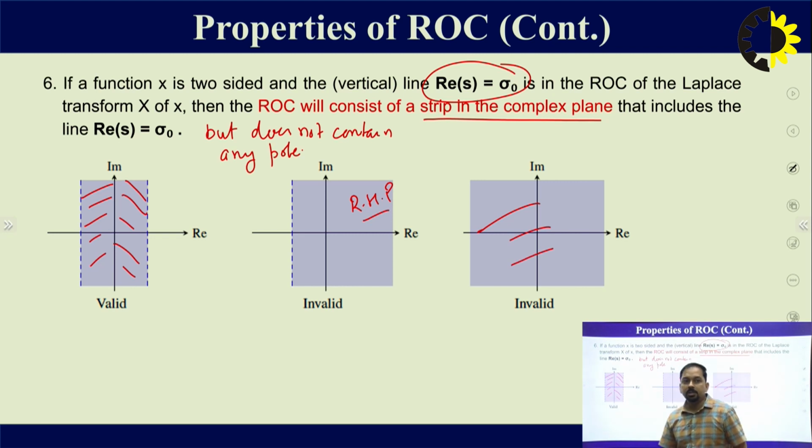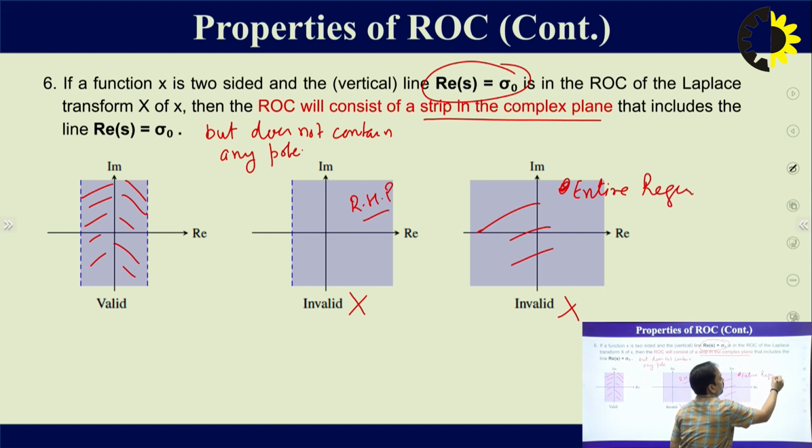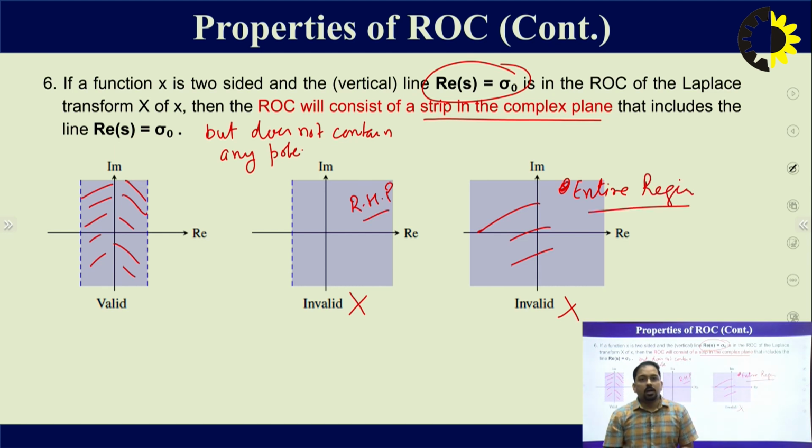Entire is possible only if we have a finite duration signal which is absolutely integrable also, like some delta t type. So this will also be invalid, and naturally the entire region also is not valid, because the entire region corresponds to some impulse signal type.